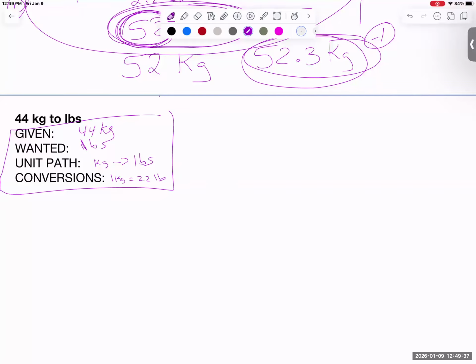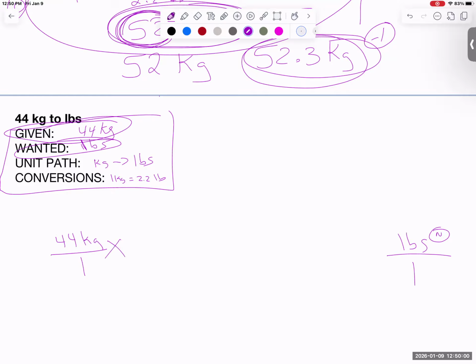So we start our problems with the given. The given in this question is 44 kilograms, and I put it over 1. My wanted is pounds. I'm going to put that over 1. I don't like blank spaces, like I said. So this is the numerator. I need the word pounds in the numerator position.